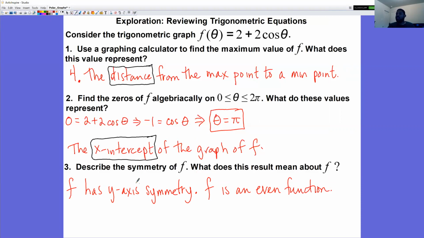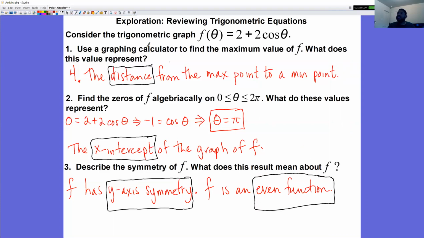So we're going to box in y-axis symmetry. And we're going to box in f is an even function. And we can definitely tell that f is even, because the function involved is cosine, and recall that cosine is an even function based on what we talked about with identities.